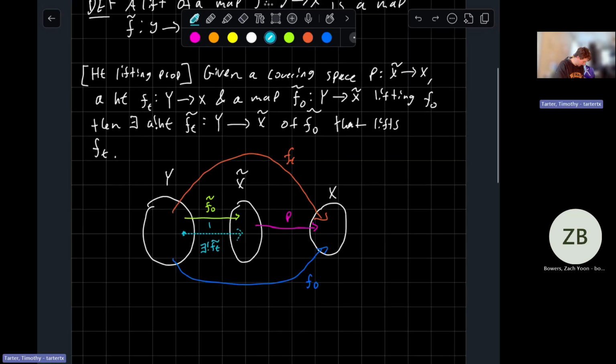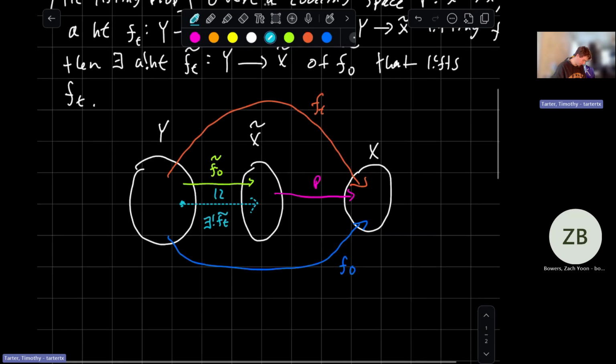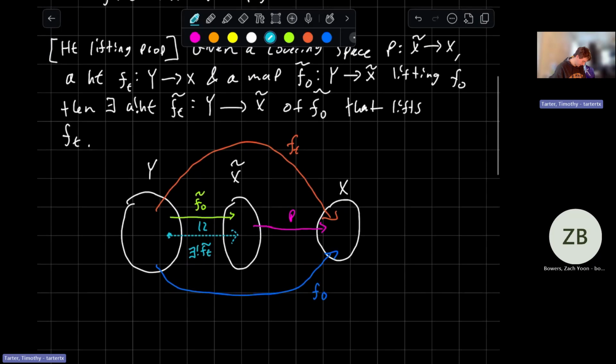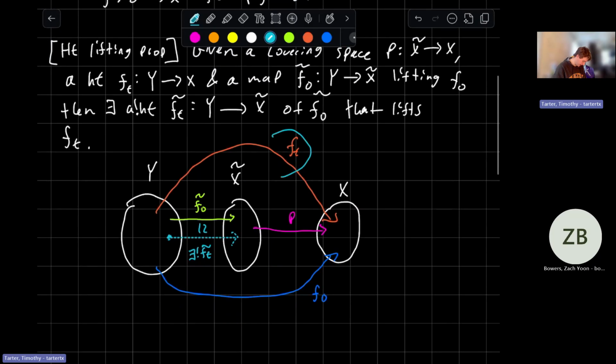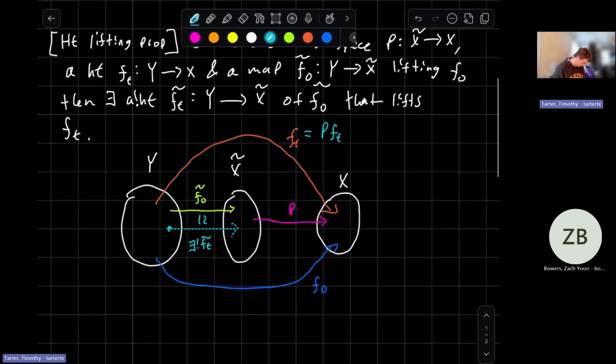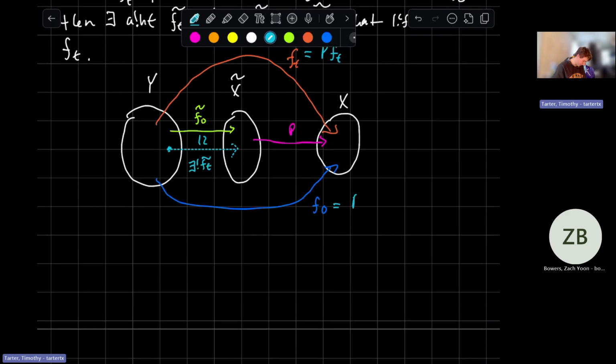Hopefully that's clear, that's a homotopy between f naught and f_t that lifts f_t, which I guess is equal to the composition p f_t tilde, but then this is equal to p.